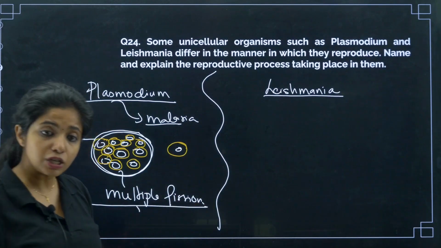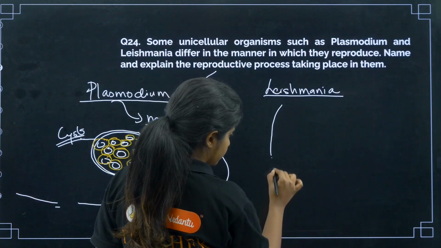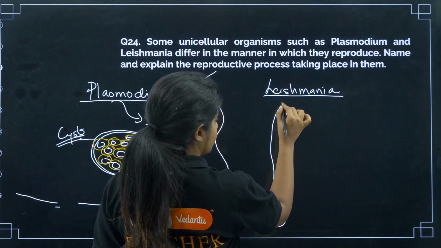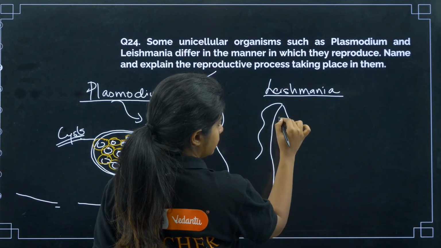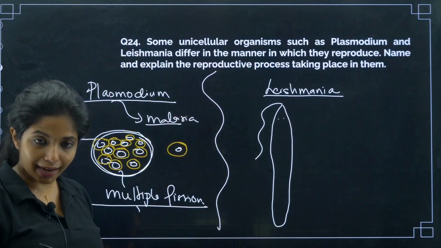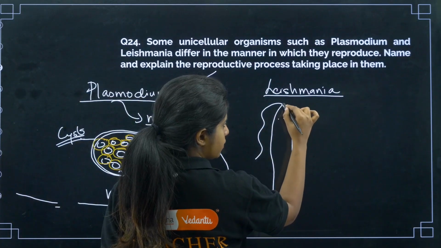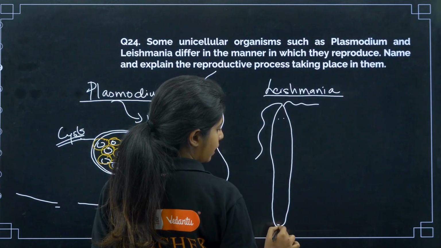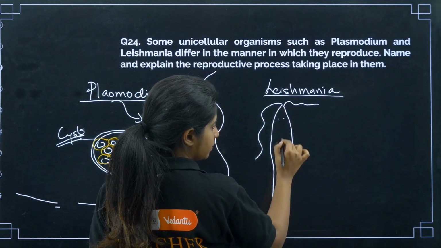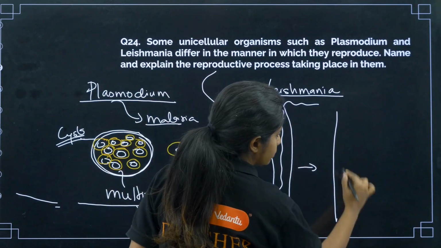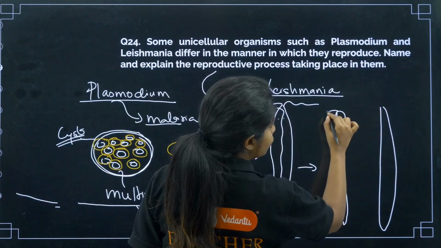Whereas when you talk about Leishmania, it looks something like this. It has cilia like this. So what happens is that basically there will be duplication of cilia and then later this will be longitudinally dividing into two Leishmania.